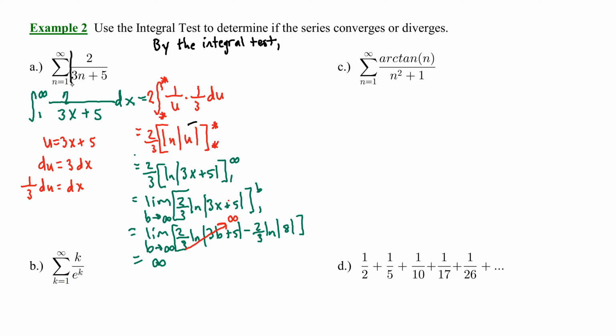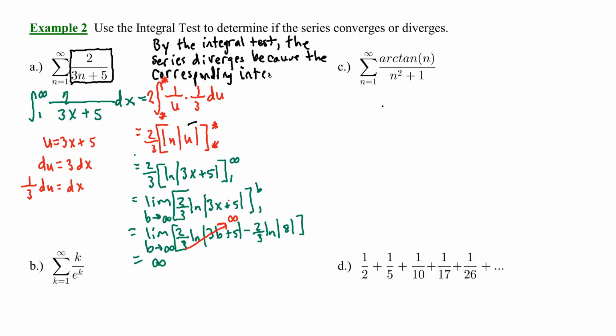This is a continuous function. All terms are positive for x greater than or equal to 1, and it is decreasing. So the integral test applies. By the integral test, the series diverges because the corresponding integral diverges.